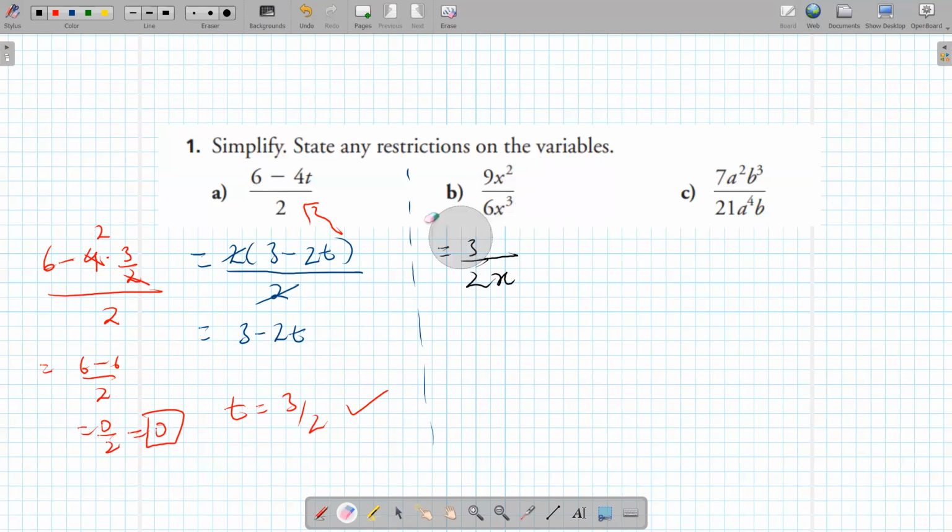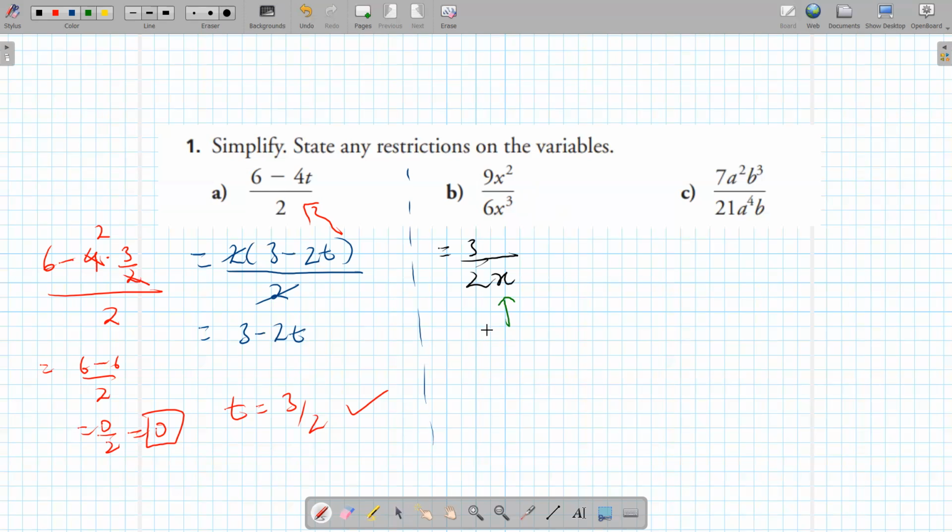What are the restrictions? Can this x be 0?